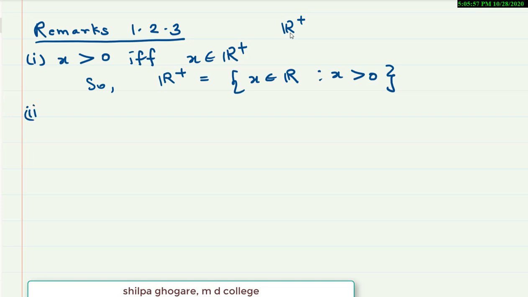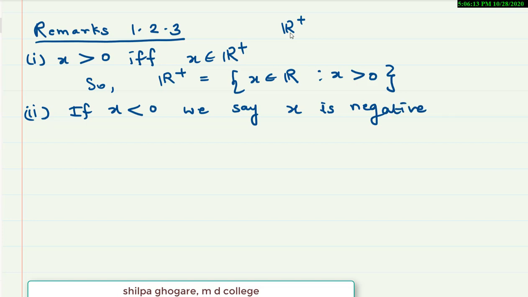The second remark says if X is less than 0, we say X is negative. And if X is greater than or equal to 0, we say that X is non-negative. It is just the terminology which you have to remember.